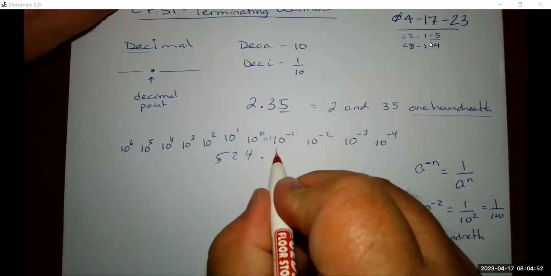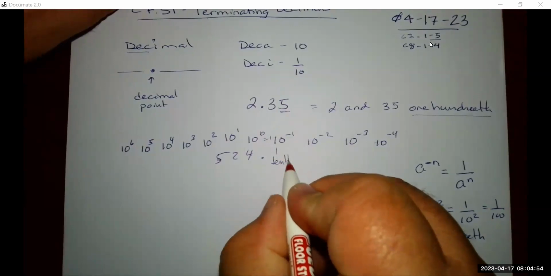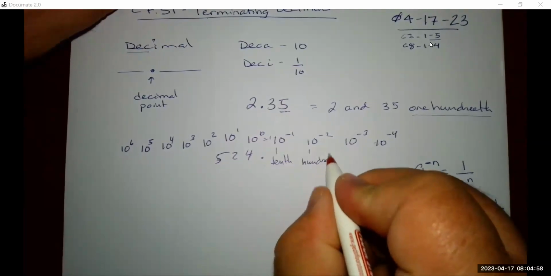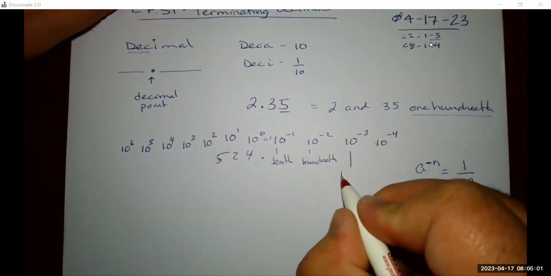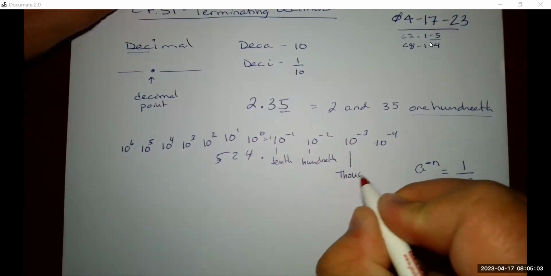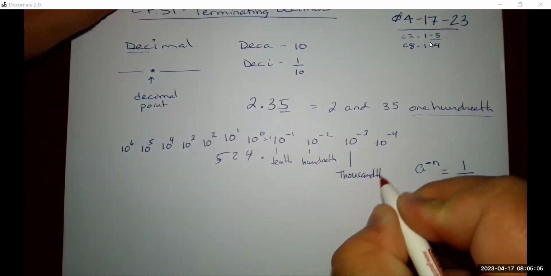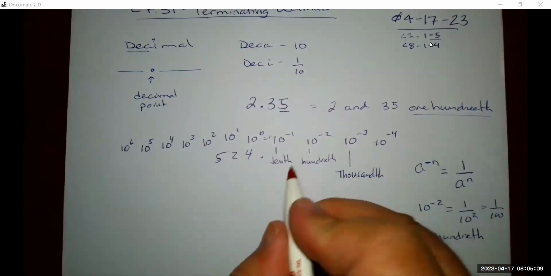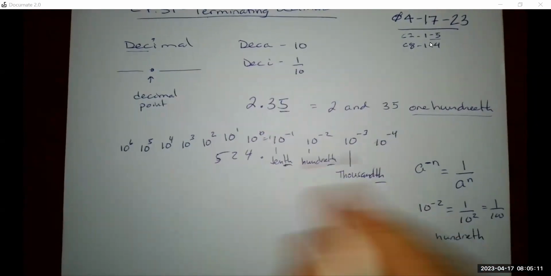So this is the 10th, 100th, 1,000th, 10,000th, 100,000th, and so on and so forth. So the point means it's a decimal.